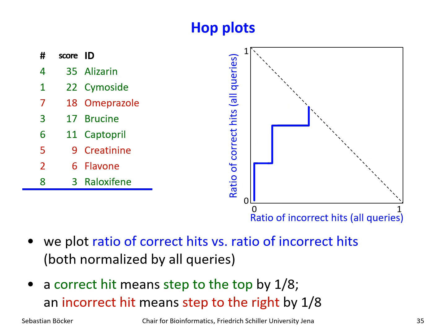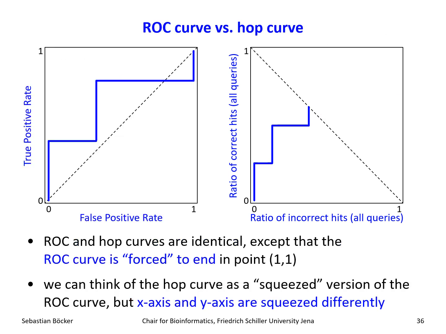And this is actually quite similar to a different plot. Oh, by the way, sorry, this part always stays empty. No curve can get in here, and so we usually use that for some zoom-in for the most important area. And I'll come back to the most important area in a second. The curve similar to a hop curve is the ROC curve, which I hope several of you already know.